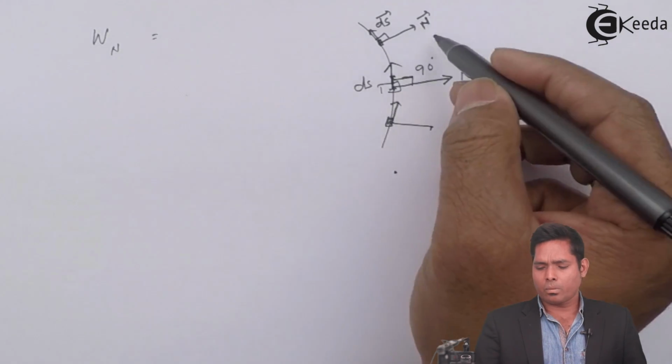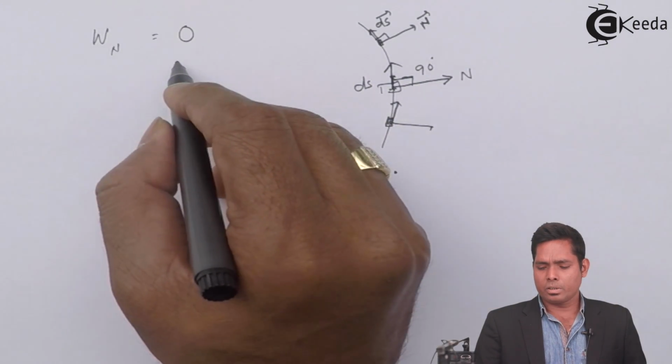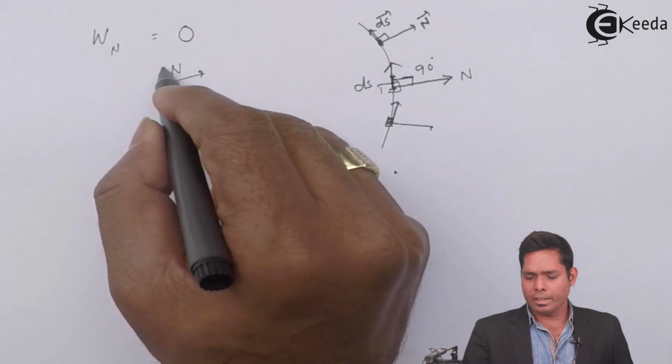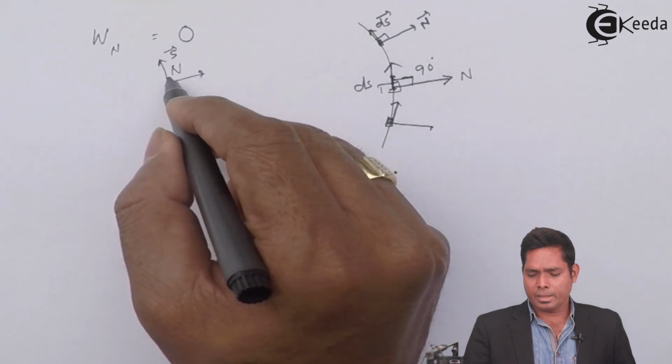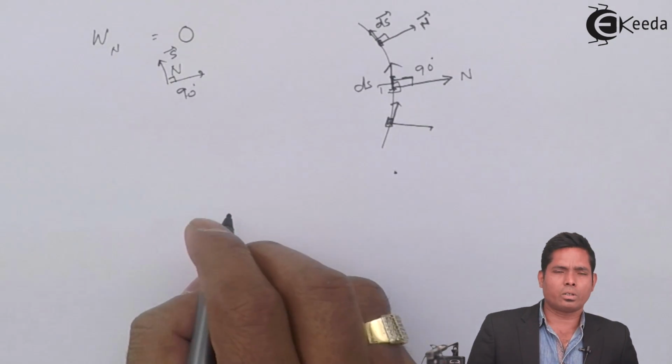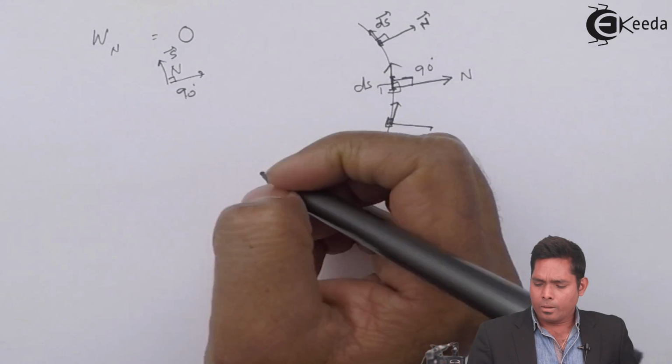So the net work done by the normal force is 0, because the N vector and S vector make an angle of 90 degree. Cos 90 is 0, so there is no work done due to the normal force.